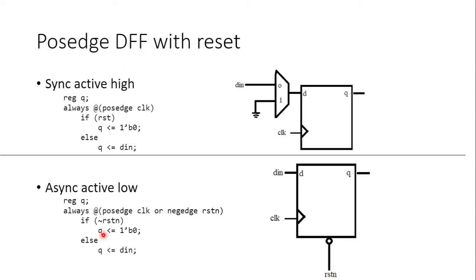So Q will be assigned a value of 1'b0, which means when the negative edge of reset n comes, the output of flop is becoming 0. So this is acting like an active low asynchronous reset.